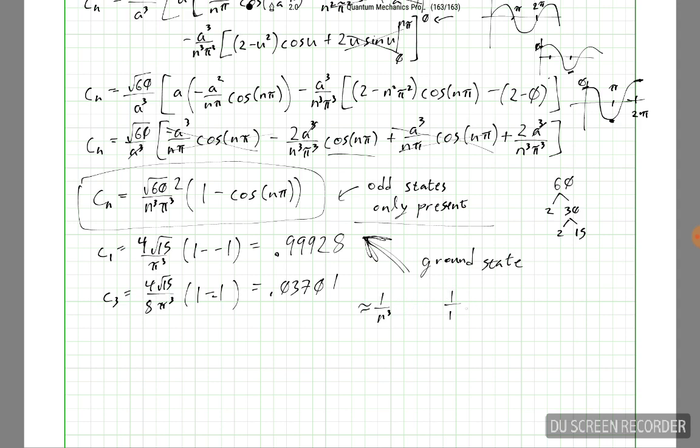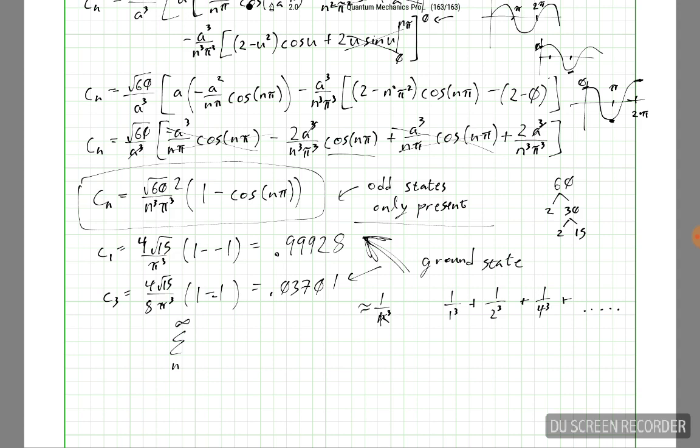So you're going to have 1 over 1 cubed plus, and then I should say k, because then they're only the even numbers. So 1 over 2 cubed, and then 1 over 4 cubed, etc. Clearly, that is going to be a converging series. This is not going to blow up to infinity. We get a massive amount of decrease with each term. And then you add them all up.